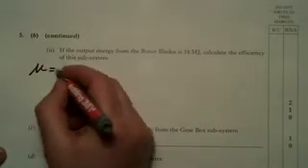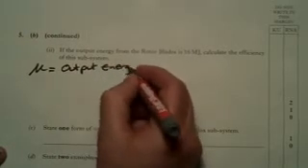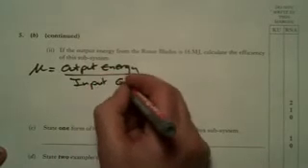Okay, second part of this question. There we go. If the output energy of the rotor blades is 16 megajoules, calculate the efficiency. Again, straight in with efficiency: output energy divided by input energy. Now you've got to have calculated the 25 megajoules as the input energy to the rotor blades.